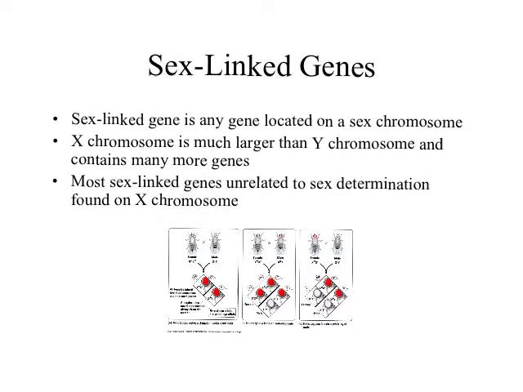Now, X chromosomes are much larger than Y chromosomes and contain many more genes. So sometimes, as we can see when studying Drosophila, or fruit flies, you're going to have an absence of certain characteristics in males just because the Y chromosome doesn't carry that gene. Most sex-linked genes are actually unrelated to sex determination and are found on the X chromosome.